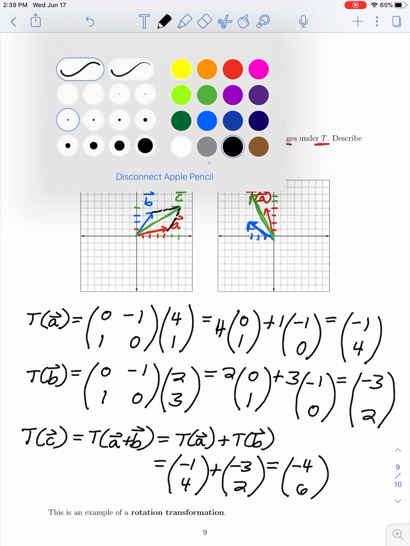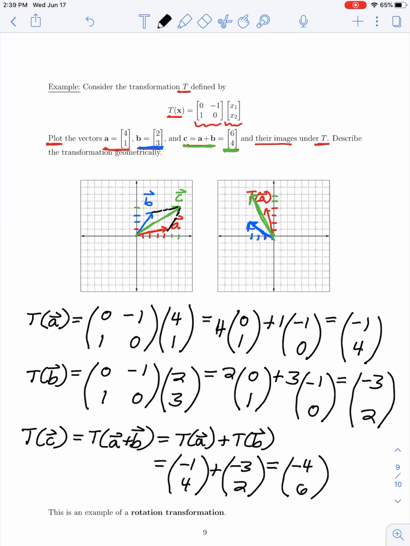So again, we see that this sum can be thought of using the parallelogram law. And if we think about the relation of this original parallelogram formed by these vectors and the parallelogram we've obtained from looking at the transforms, well, it looks like it has been rotated.